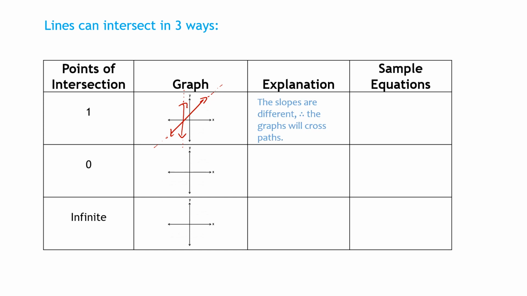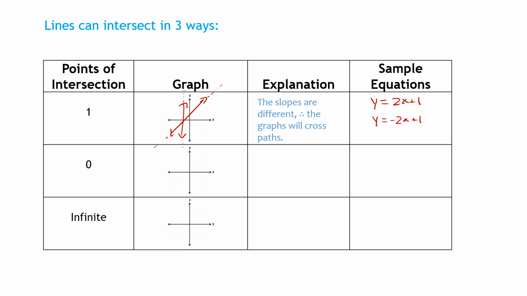They have different slopes, therefore the graphs will cross paths once because the slopes aren't the same. So a sample equation would be y equals 2x plus 1 and y equals negative 2x plus 1.